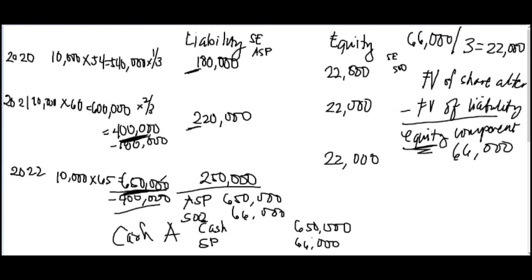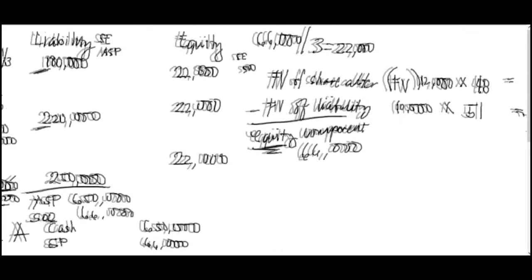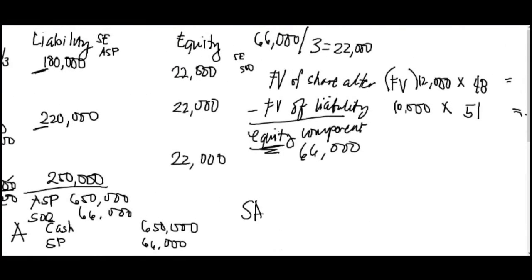Okay? Pag equity, pag share alternative po, yung equity settled, ito po ay ang magkakapartner ay ASP uli kasi kakancel mo naman yung kabilang part, the liability part, and the SOO, the OS, and then the SP. Okay? Again, parehas lang, 650,000, that's a cumulative, 66,000 for your share options.